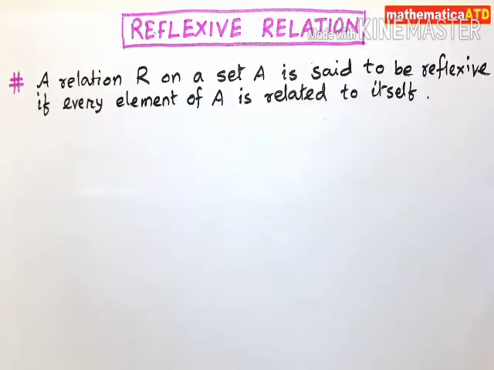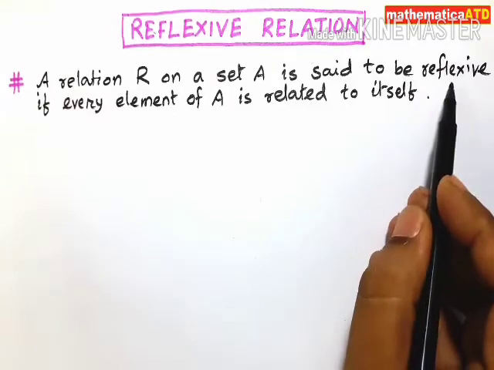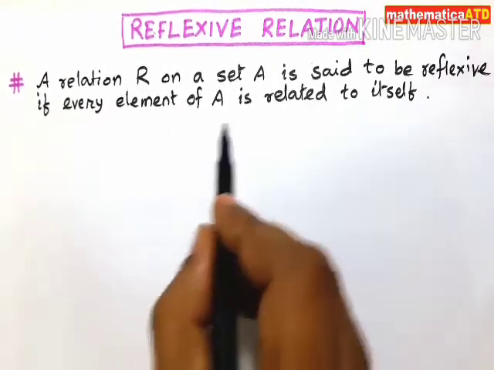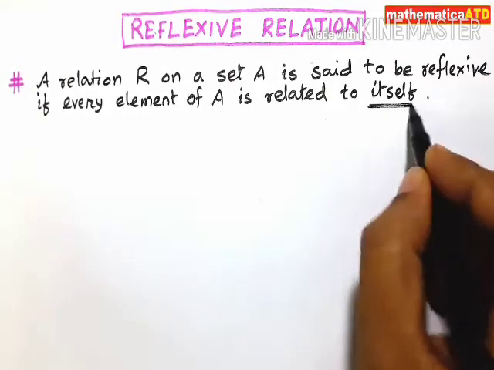Okay friends, what is a reflexive relation? A relation R on a set A is said to be a reflexive relation if every element of set A is related to itself.